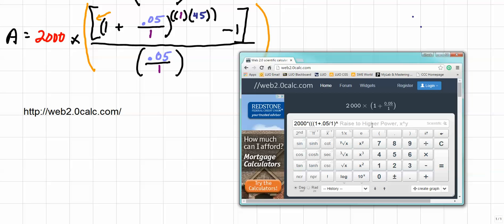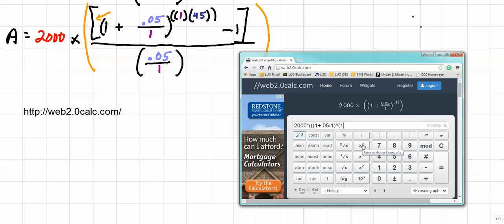And notice it says raise to a higher power. So I'm going to open a set of parentheses again. And I'm going to type in 1 times 45. And I will close the set of parentheses. And now you'll see exactly what we've got going on here. It looks just like what I've got written. And now I will subtract 1. The next thing I need to do is close parentheses here, because I need to make sure all my nested parentheses are closing.